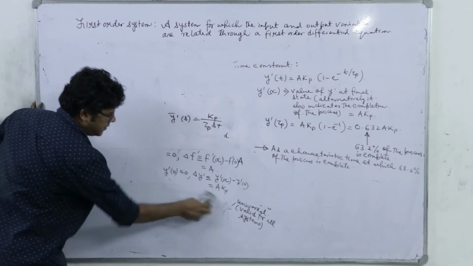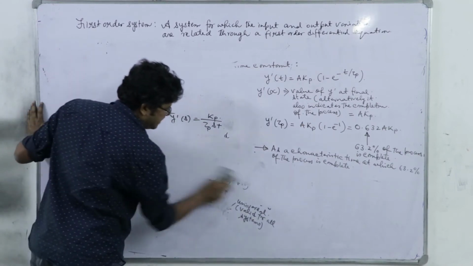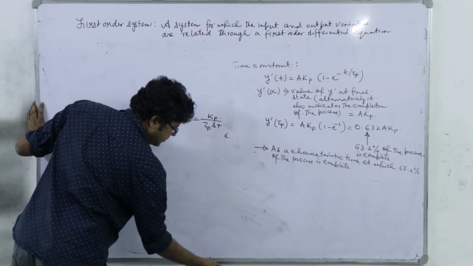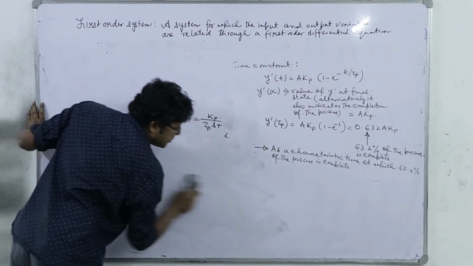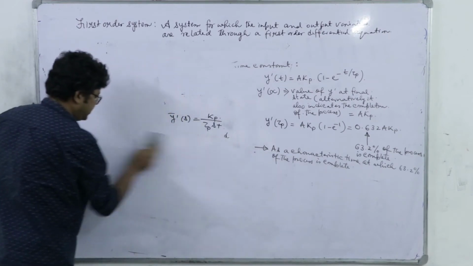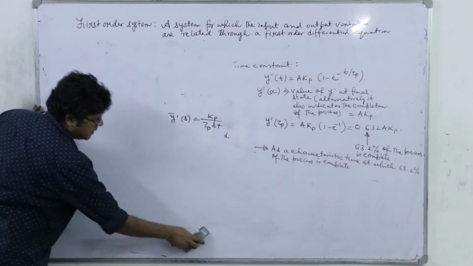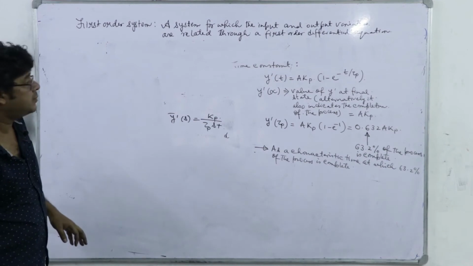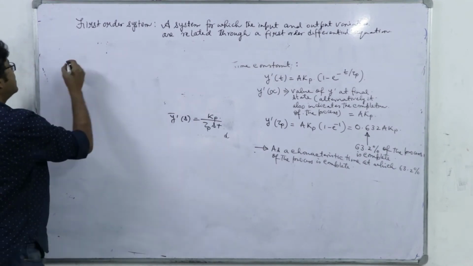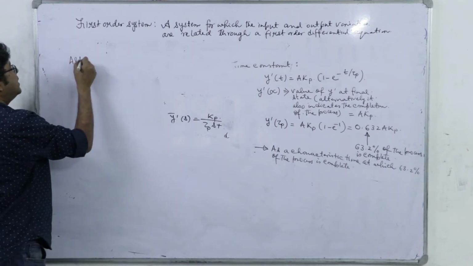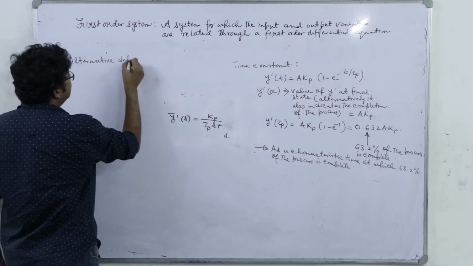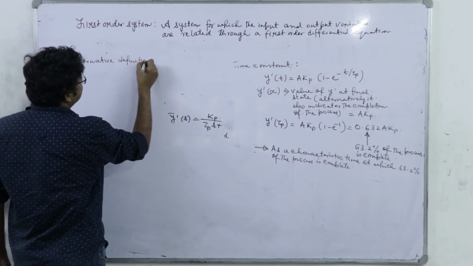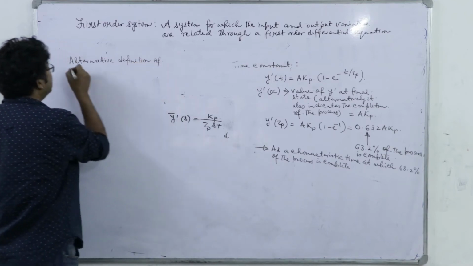And it is based on the rate of the process. So, what is the rate expression here? Definitely the rate is dy prime/dt. So, alternative definition of time constant.